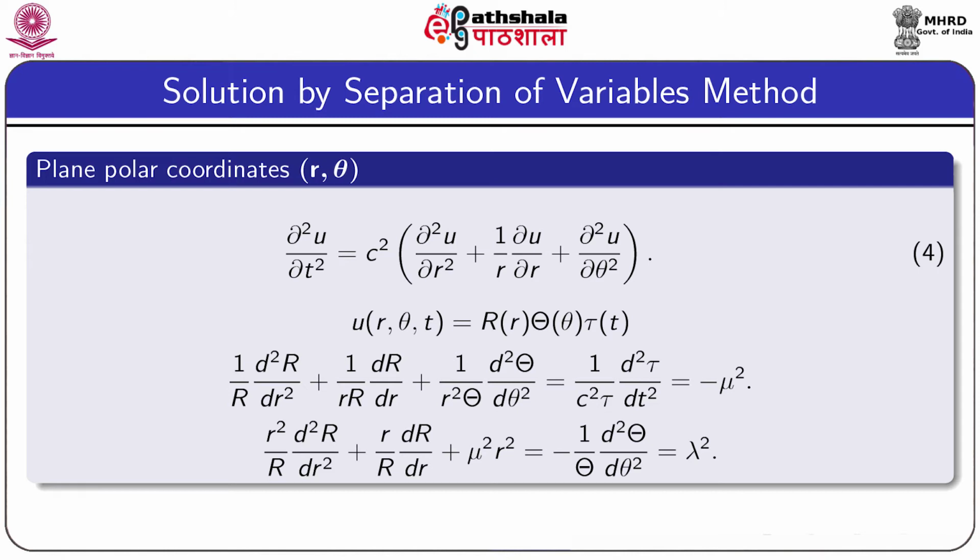So, first we are separating the function Tau from the functions of r and theta, and to get the periodic solution, we are assuming the separation constant as a negative number, which here is minus mu square. So, the equation becomes what is written in the last line.